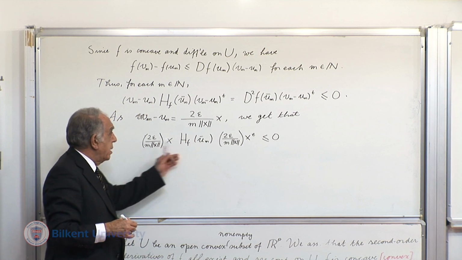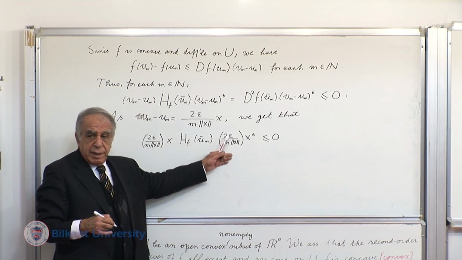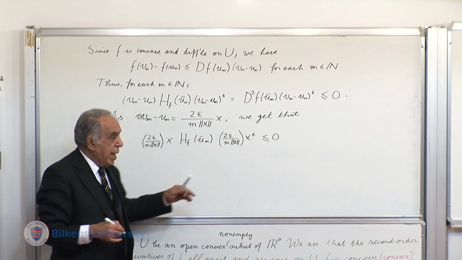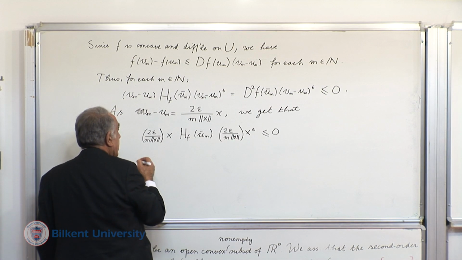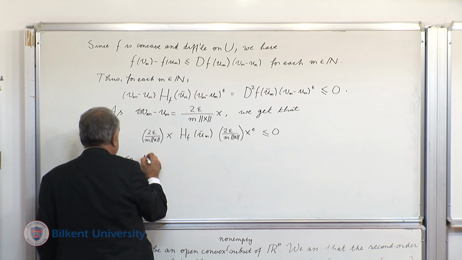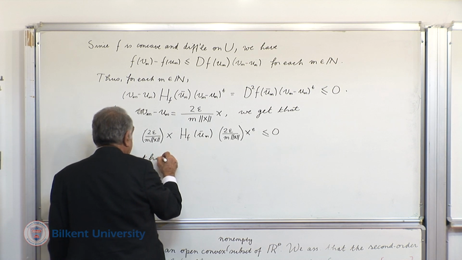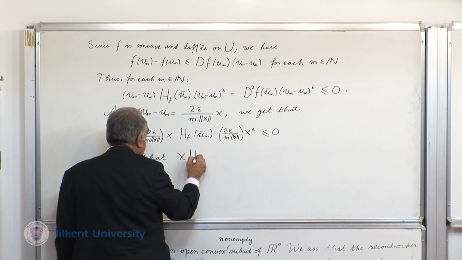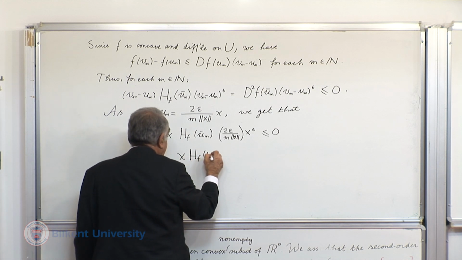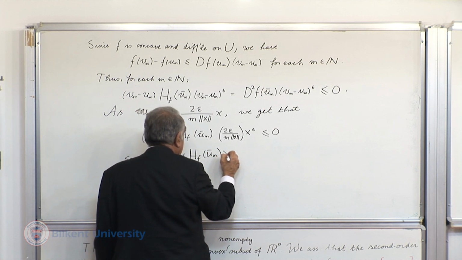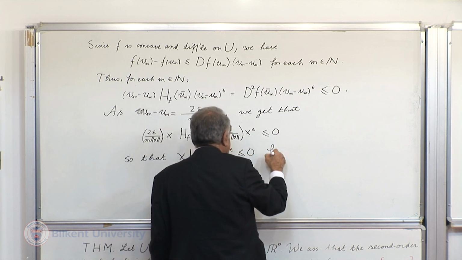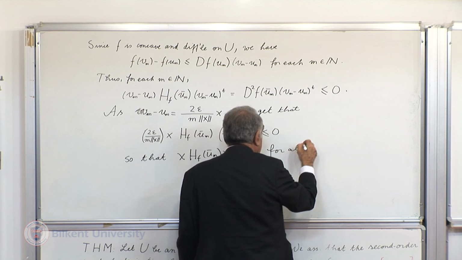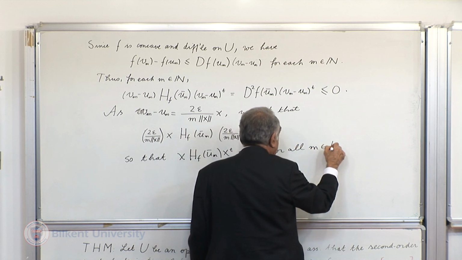But since these are positive scalars, I can divide by them on both sides so that we get just x h sub f u bar m x transpose is less than or equal to 0, and all this for all m in N.